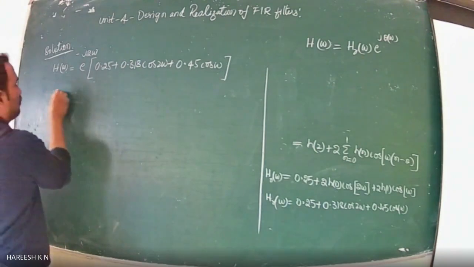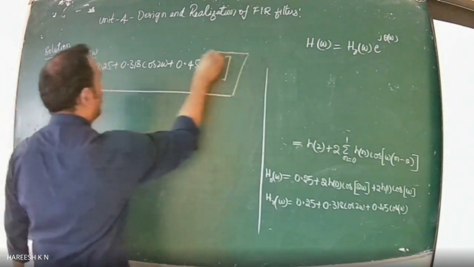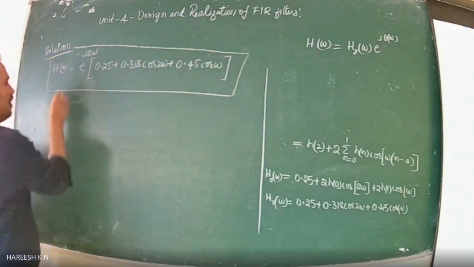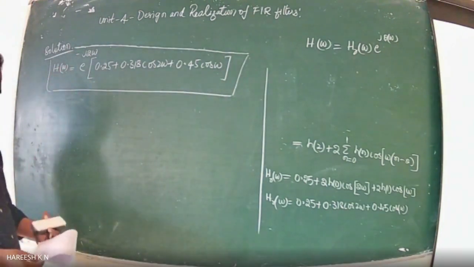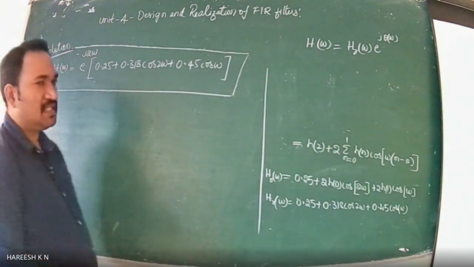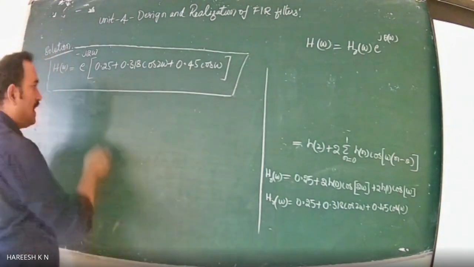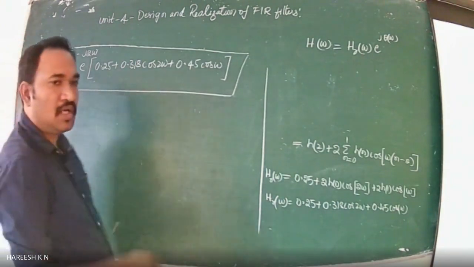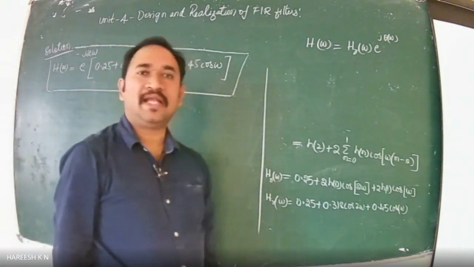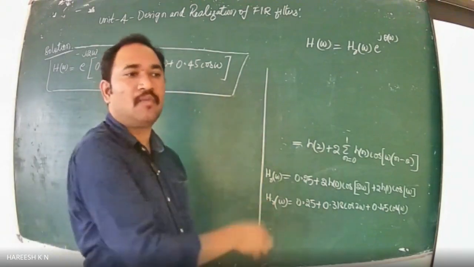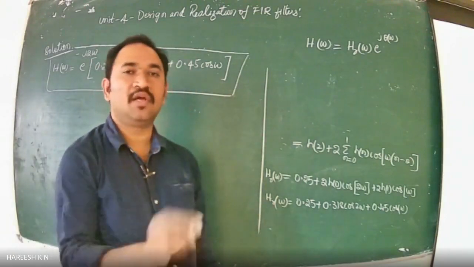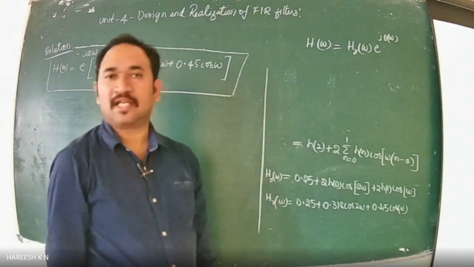Now, this will be the final expression for h of omega of the corresponding filter that they are asking us to find, right? Now, this is h of omega, and we have obtained hd of n also in the table, and we have also obtained h of n, which is also the end column of that particular table, isn't it? Now, therefore, we have addressed the question that has been asked, right?